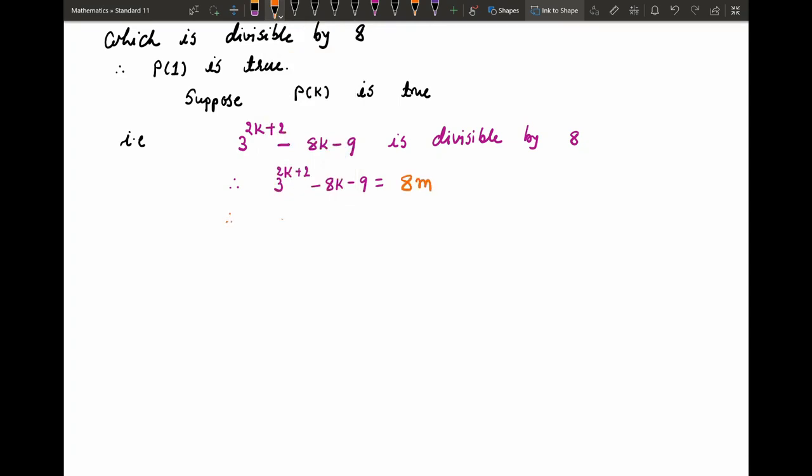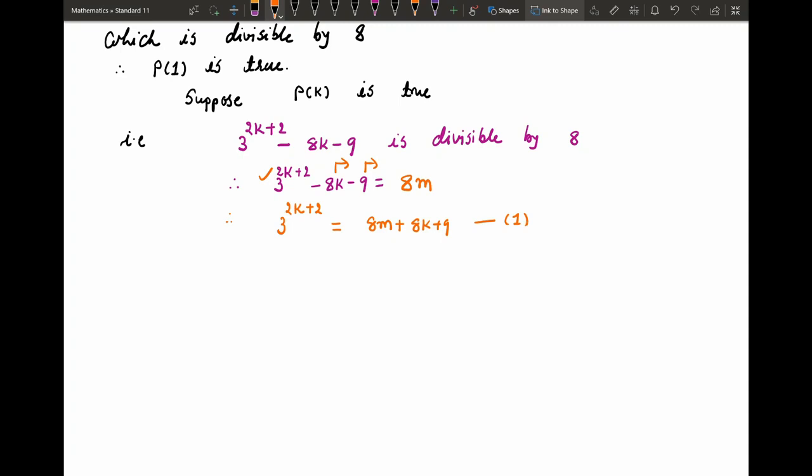In future, using this we can prove the result is true for n equal to k plus 1. For that purpose, we write the value of 3 raised to 2k plus 2 as 8m plus 8k plus 9. Transferring the terms to the right hand side, call this result number 1.